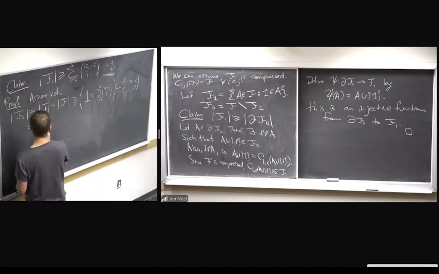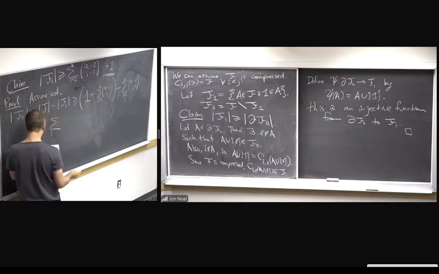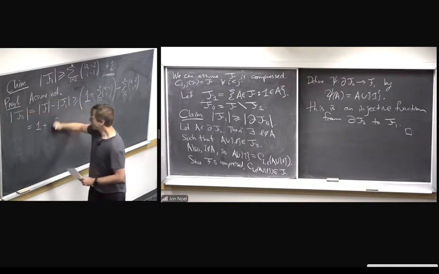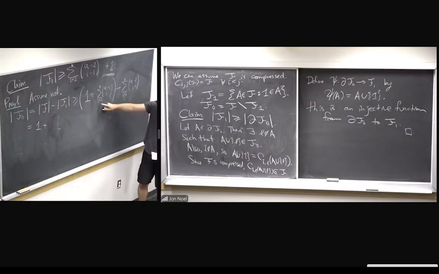Which is equal to 1 plus... I'm going to try to put these sums together kind of awkwardly. One of them starts at 1 and one of them starts at 2, so let's split off that extra term.